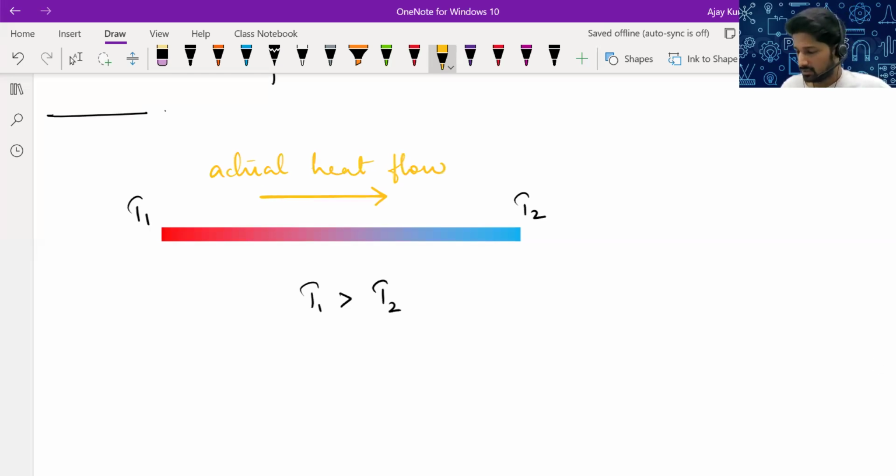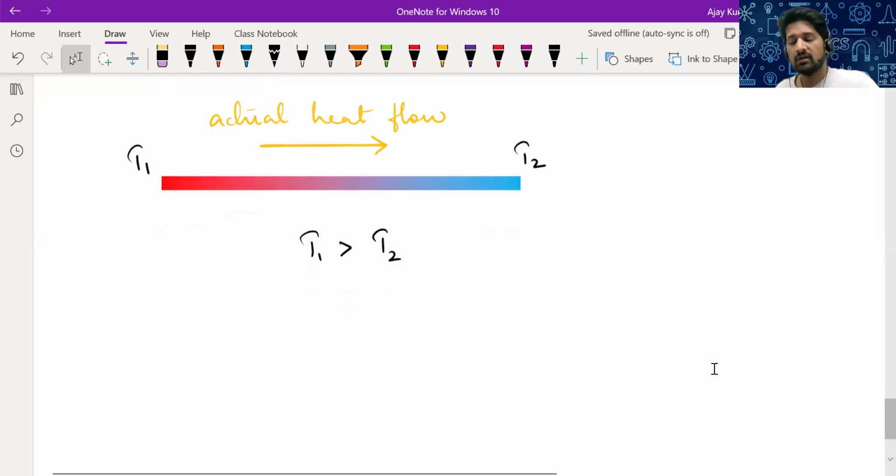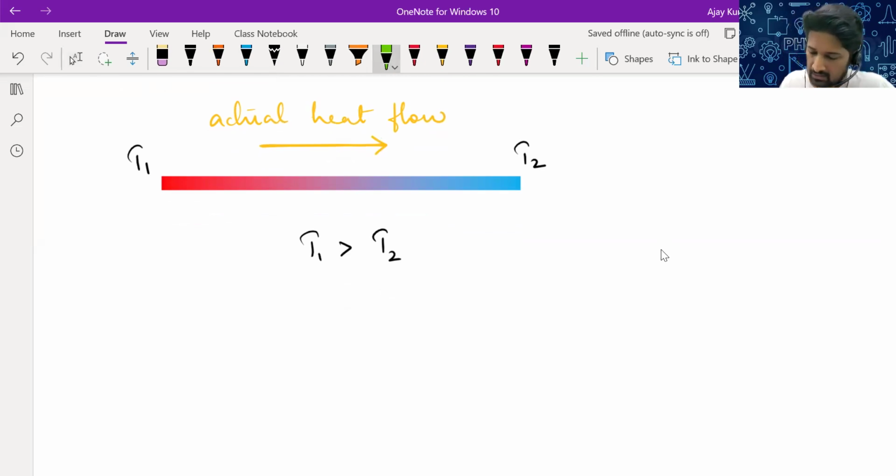Now, even though actual heat flow is in a particular direction, you can write an equation for rate of heat flow in any direction you want. Okay, what do I mean by this? Suppose actually there is 10 joules of heat flowing per second from left to right. Why will it flow from left to right? Because left end is at higher temperature. So let's say the actual rate of heat flow from left to right is 10 joules per second.